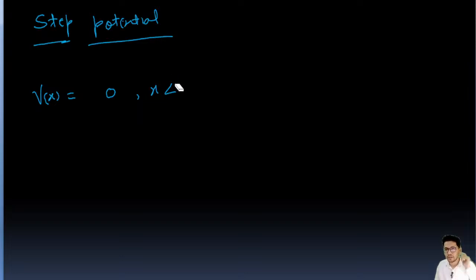If x is less than 0, then V(x) is 0. And V(x) equals V naught when x is greater than or equal to 0. So this is the step potential.